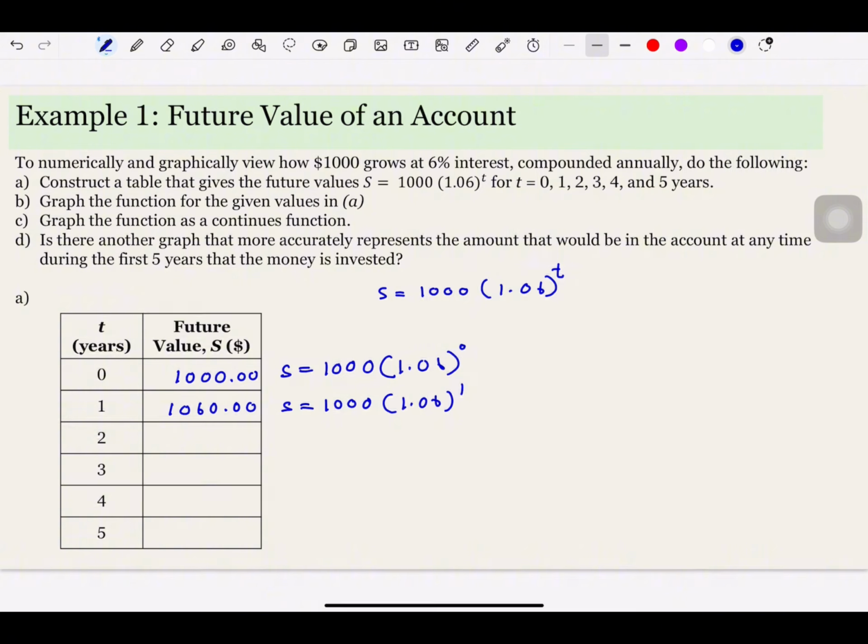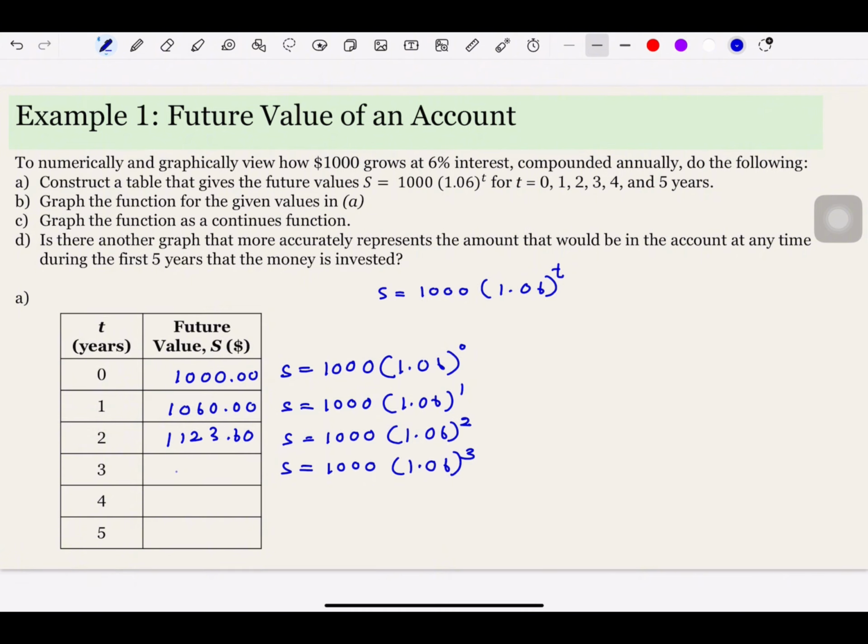To get the third value, you substitute 1,000 multiplied by 1.06 to the power 2. That value is approximately 1,123.60. Next, for S, you substitute 3.